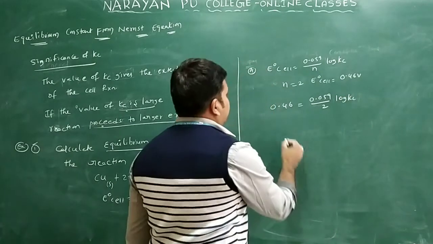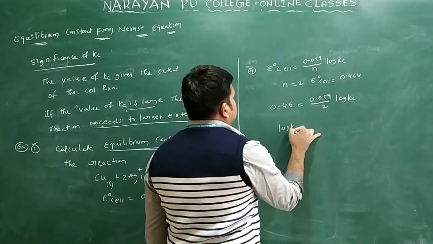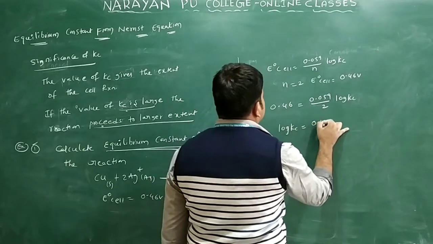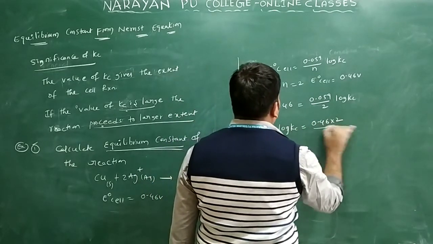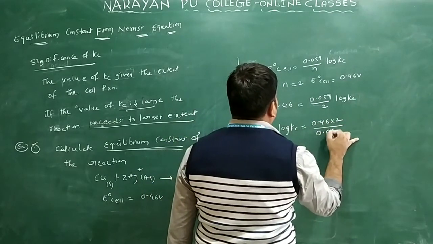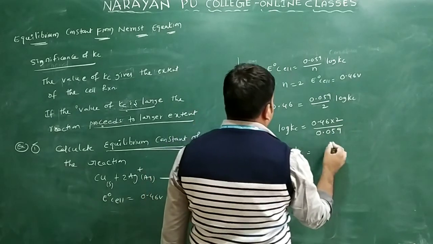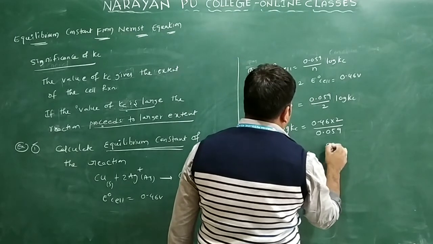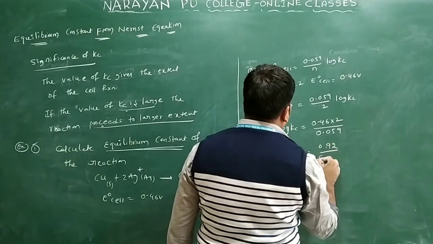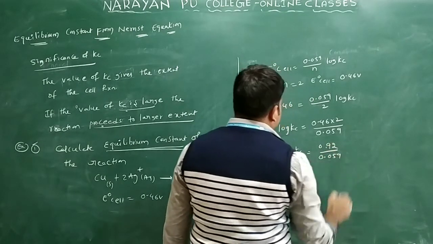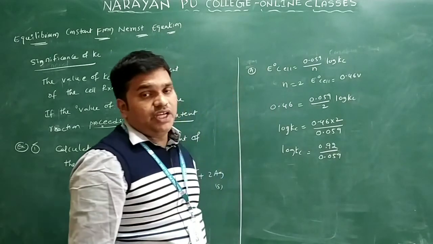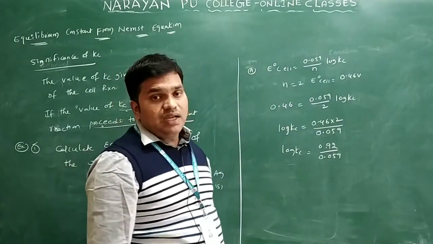Now log Kc is equal to 0.46 into 2 by 0.059. Multiplying, this is 0.92 by 0.059. From this we can find out the log Kc value.